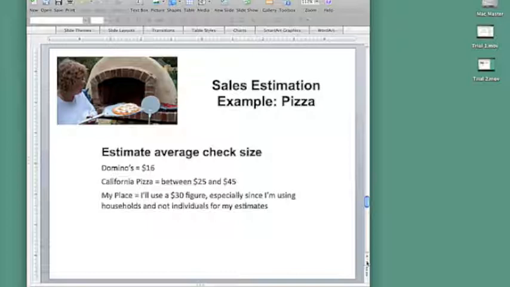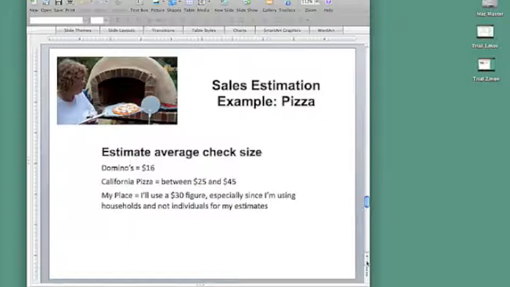From other sources, I found that the average check at Domino's is $16. By the way, that really surprised me. And that the average check at California Pizza, depending upon where the restaurant was located and the time of day, was between $25 and $45.